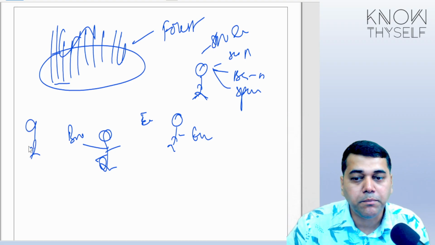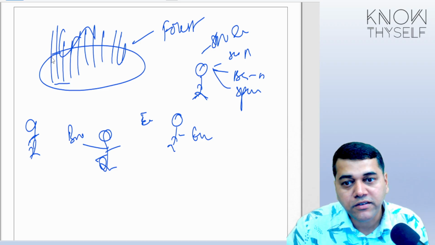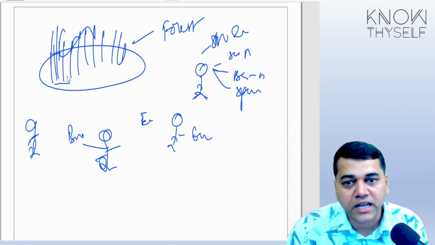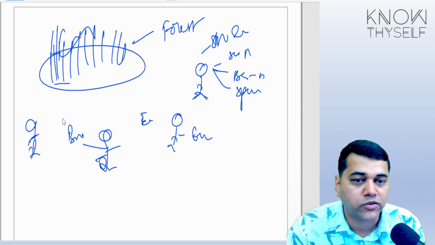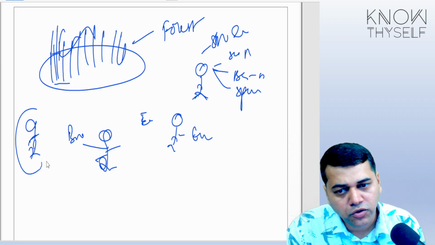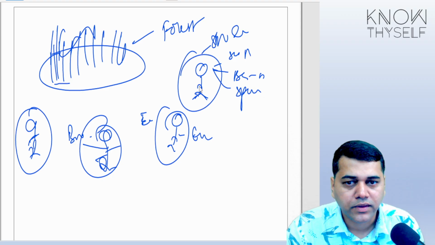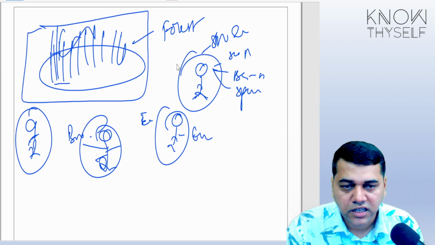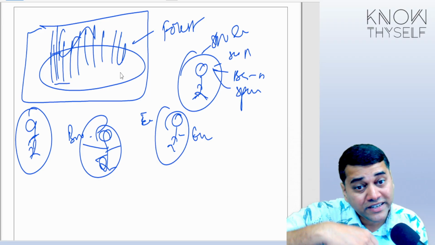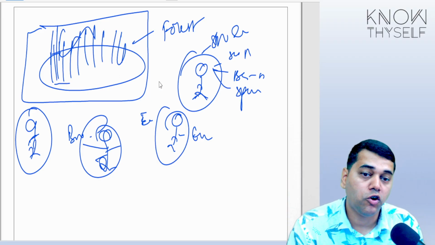If I take a timber manufacturing company, he will see very good timbers. We can convert this into timber and I can earn crores. You see, students, 4 different people, same forest, see it from 4 different views or perspectives.